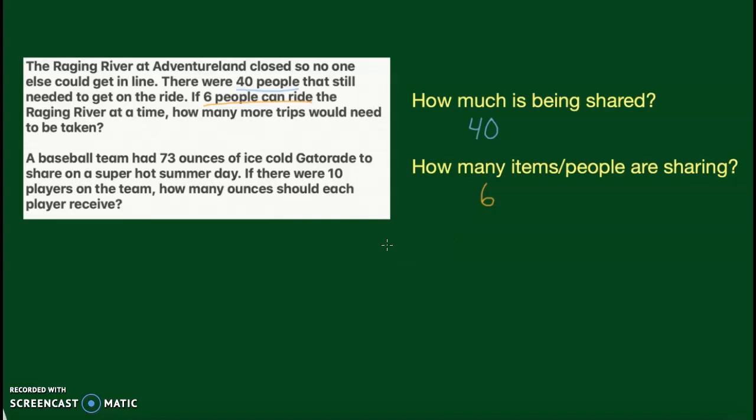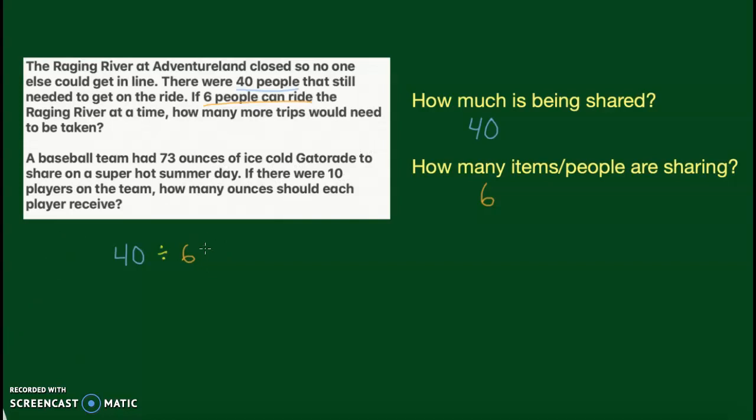On your home link it asks you to start with a number model. We know that the amount being shared is the same as the dividend, so our dividend is 40. That is going to be divided by the 6 people that can ride in each raft.